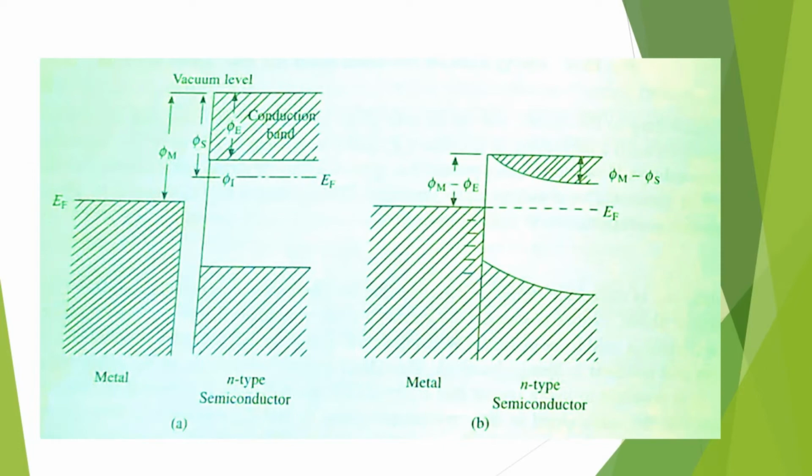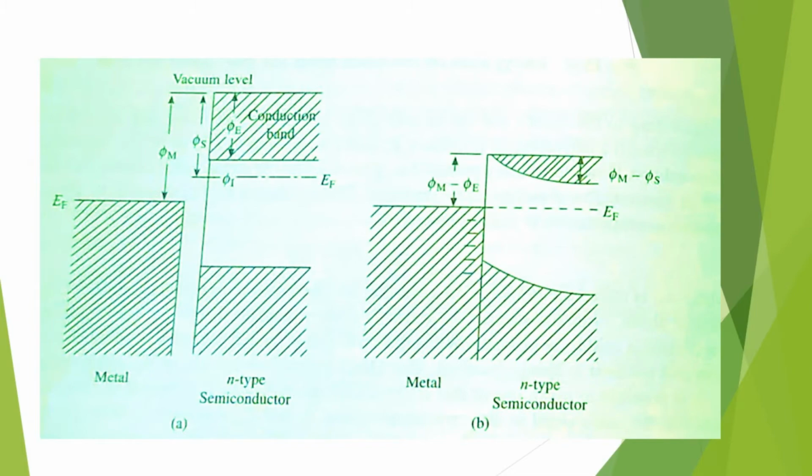Whereas there is no change in the energy barrier on the metal side, due to very high conductivity, due to the very large number of electrons available for the conduction process. So this increase in the energy barrier on the semiconductor side will resist the flow of electrons from semiconductor to metal.